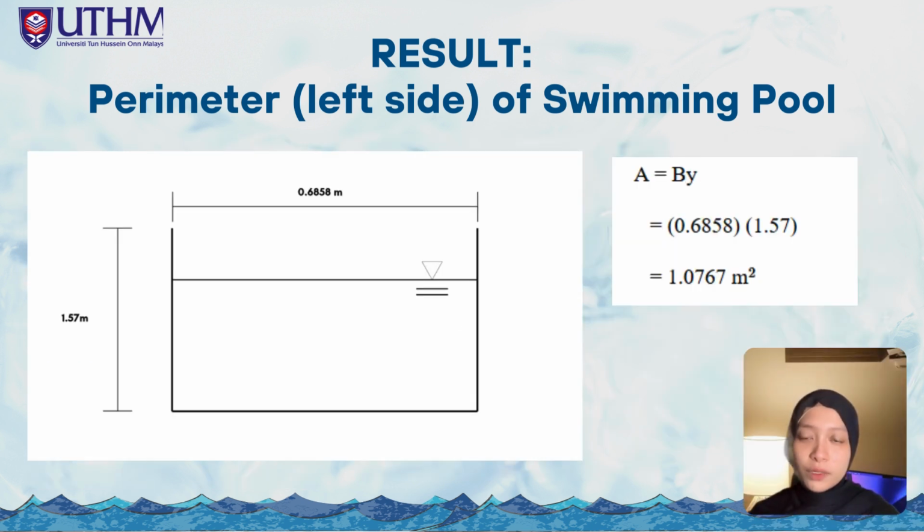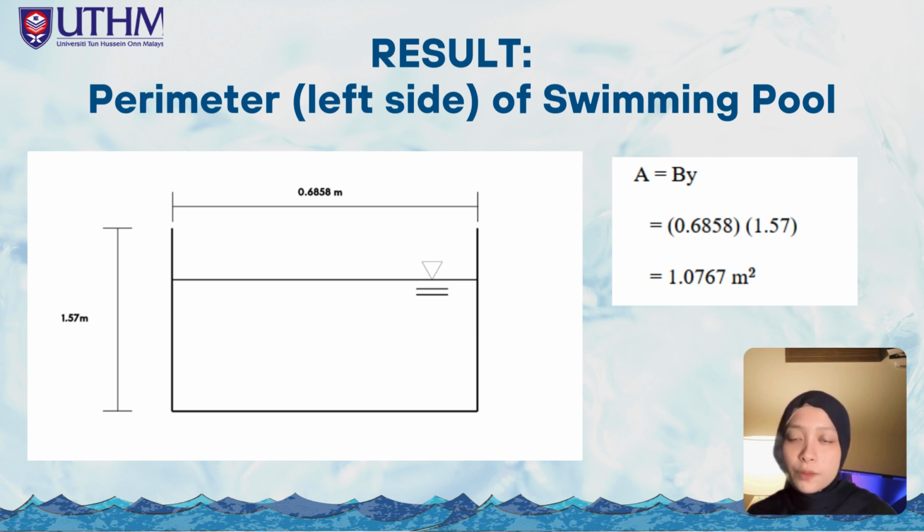Then next we calculate the area of the primary rectangular portions of the drain by taking the top width of 0.6858 meters and multiplying it by the height of 1.57 meters. We find that the area for these upper sections is 1.0767 square meters.